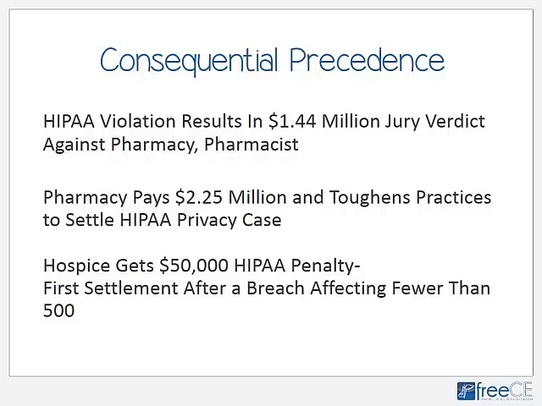In this second example, earlier this year, the court awarded a $1.44 million payment to an Indiana woman after a pharmacist inappropriately used her position to take and share her protected health information. The case included allegations that the customer's pharmacist accessed, reviewed, and shared the customer's prescription history with others who then used the information to intimidate and harass the customer.